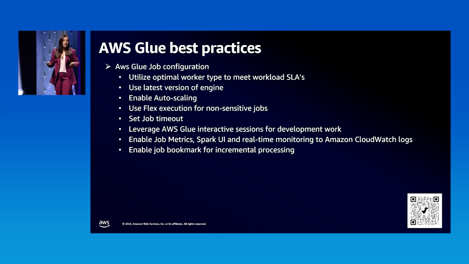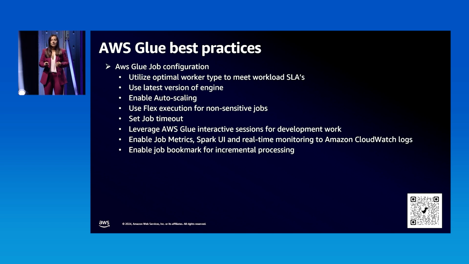So to summarize, let's look at a few best practices for how we can configure Glue jobs. First of all, choose the right worker type for your workloads. Use the latest version engine for Glue. Enable auto-scaling to allow Glue to track your demand. And set a timeout. The default timeout is 48 hours.